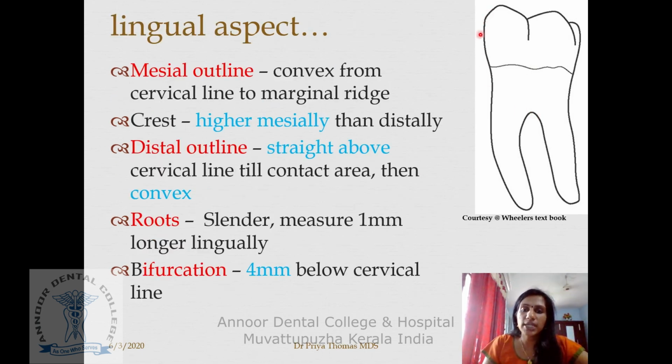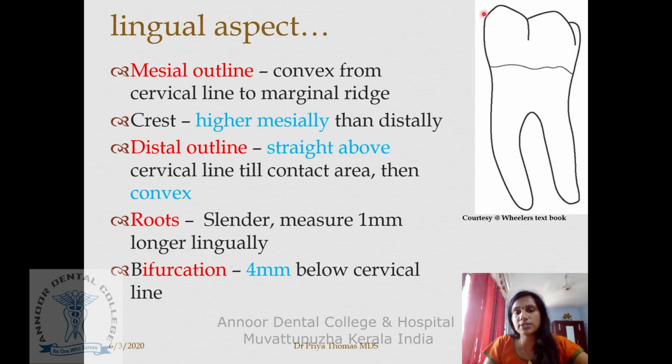Then we'll go on to the outlines, your mesial outline and your distal outline. The mesial outline is completely convex from your cervical line to your marginal ridge. Your crest of curvature here is much higher than on your distal outline.